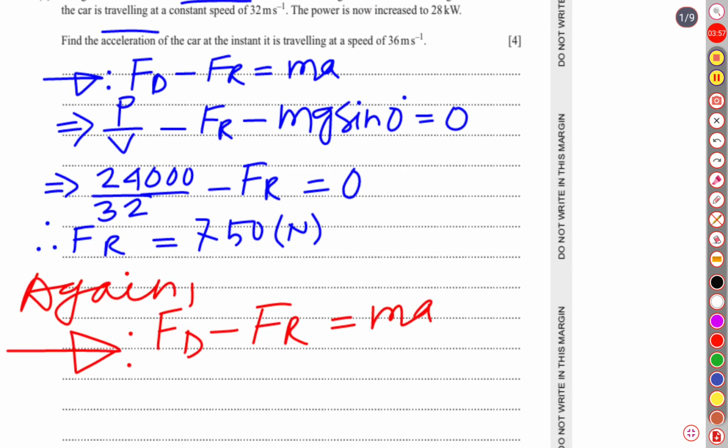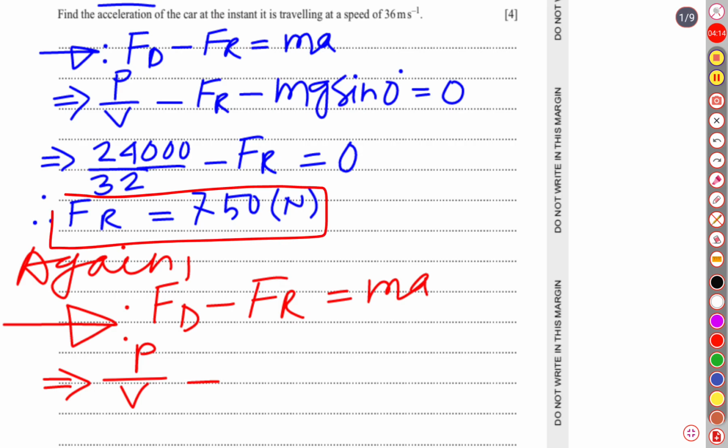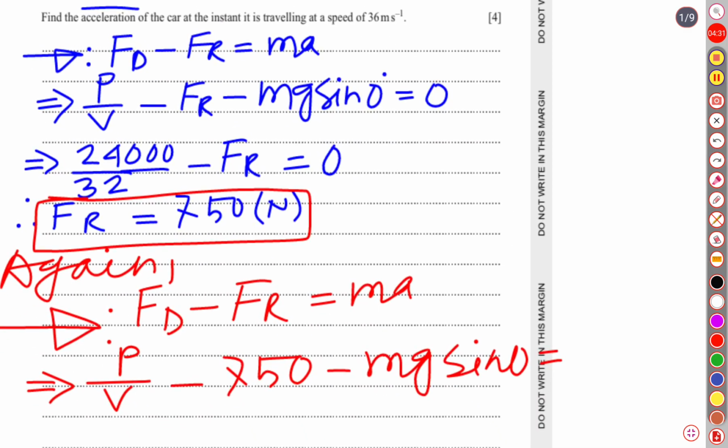Driving force is the same concept, power over velocity, minus resistance to motion, which has already been found. We have already got that resistance to motion is constant, which is 750 newton, and we are not ignoring weight also. Mg sine 0 degree is equal to mass of the car, which was 1500 kg, so 1500 into acceleration.